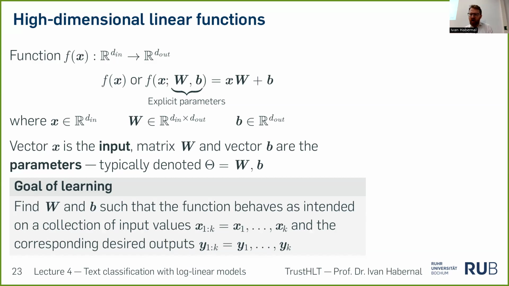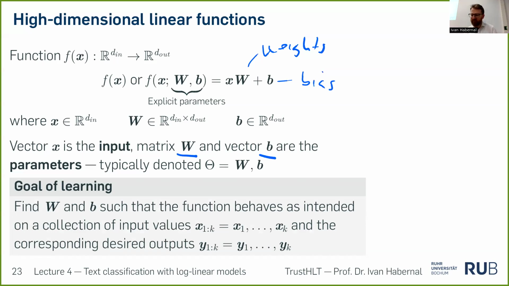And the parameters are here W and B. They have a meaning, which I'll tell you later. Well, okay, matrix W and vector B. So these are called, I guess, weights, and this is called a bias. So W is the weights, and B is a bias.